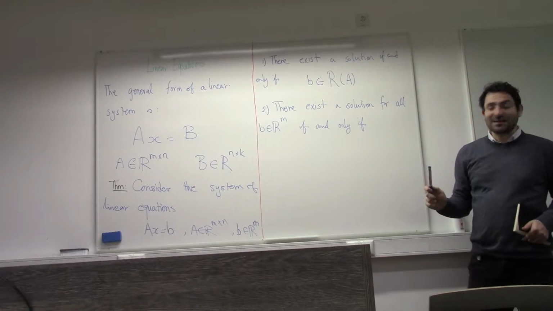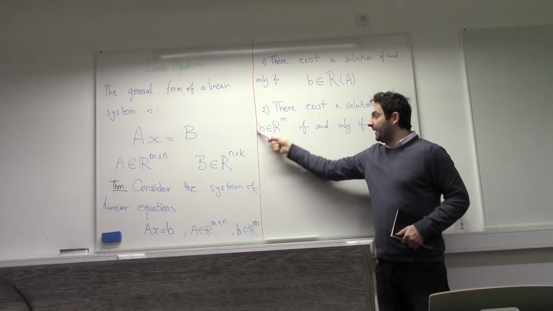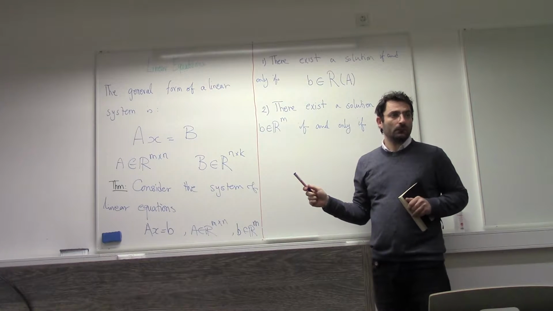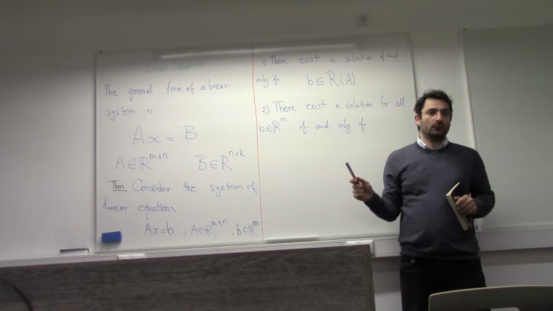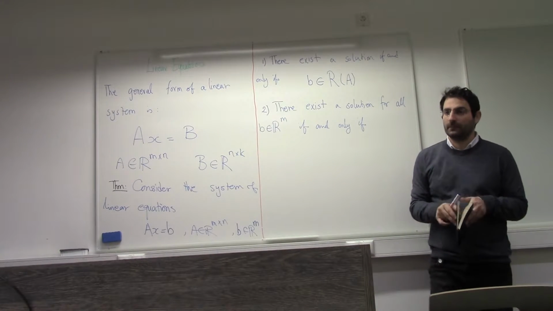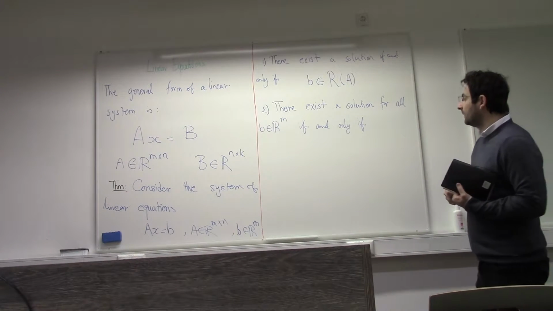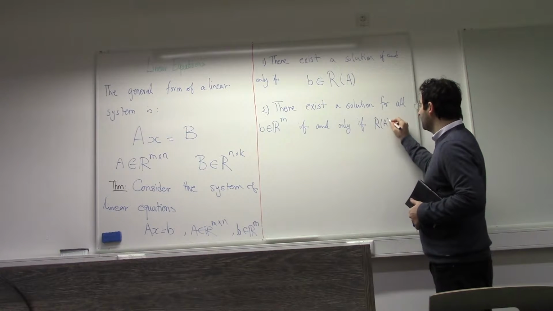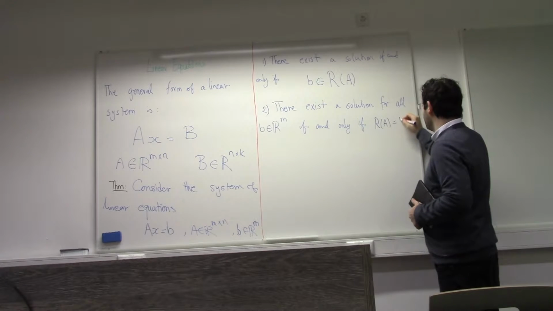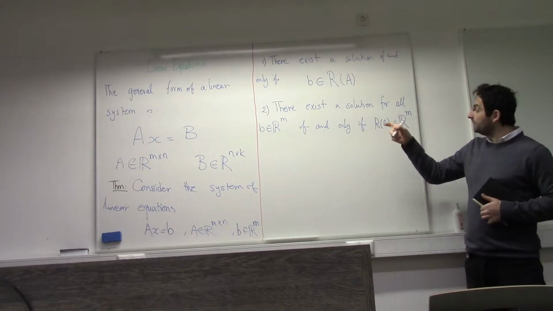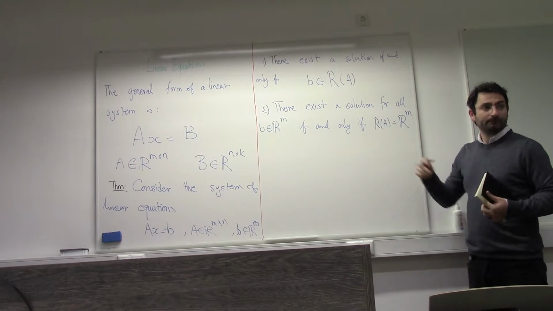Now, in part 2, it says that for all B's, we will have a solution if the range of A is all of Rm. In other words, whatever B we pick up, it belongs to R(A).